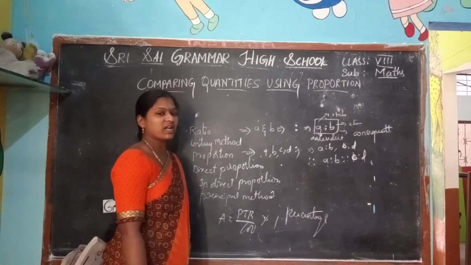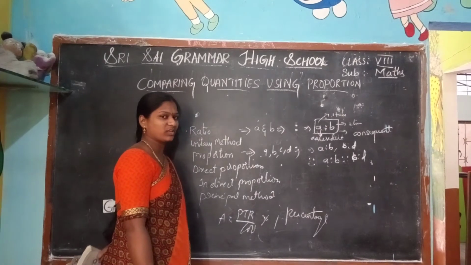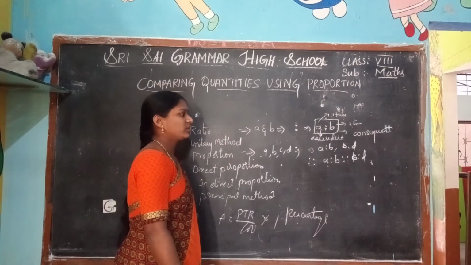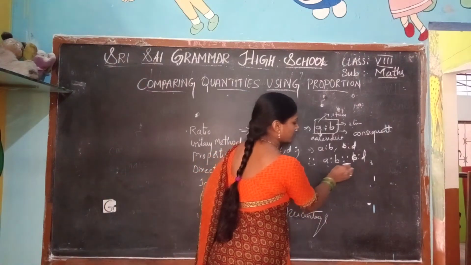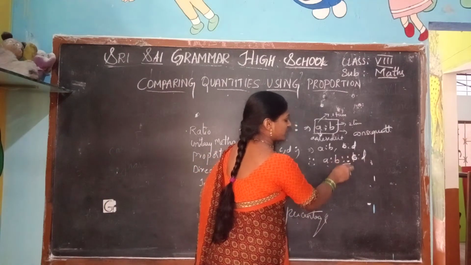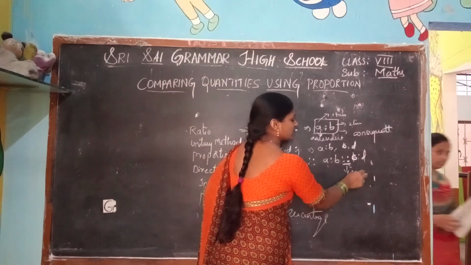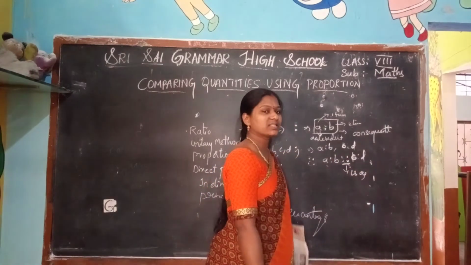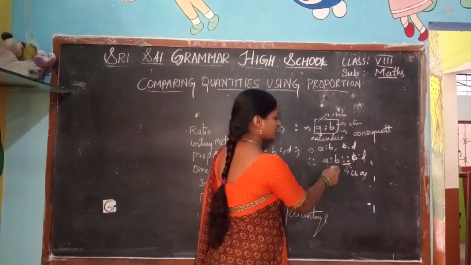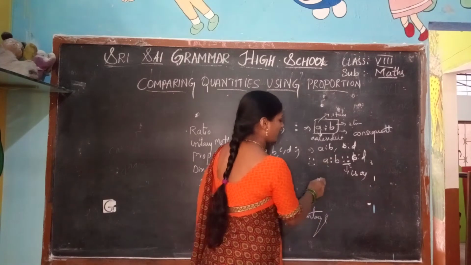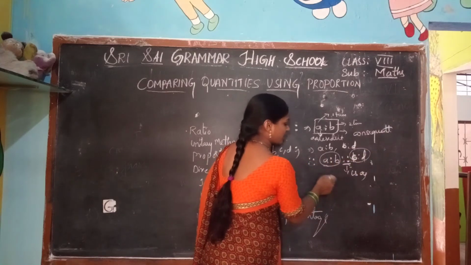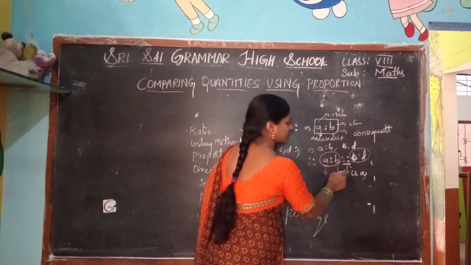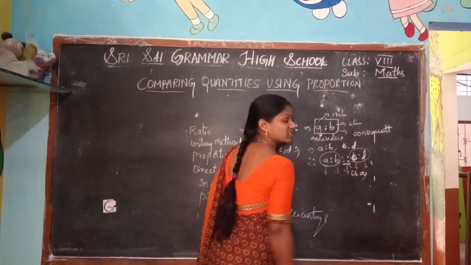Now proportion: how the ratios are applied on this, and how the symbol is denoted. This is read as 'is as'. Now A is to B and C is to D. This is the first ratio, this is the second ratio, and this is the first term, second term, third term, fourth term.